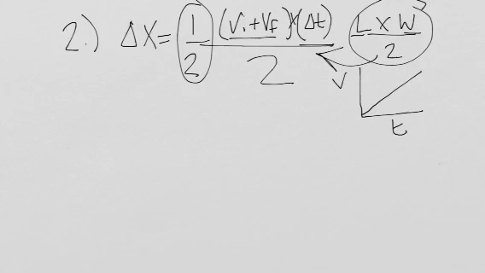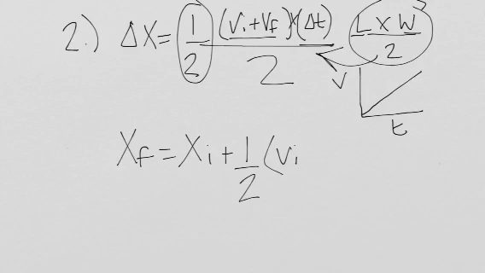So if we're going to write this nice and neat, okay, we sit here and we go x final is equal to x initial plus 1/2 v initial plus v final times delta t.